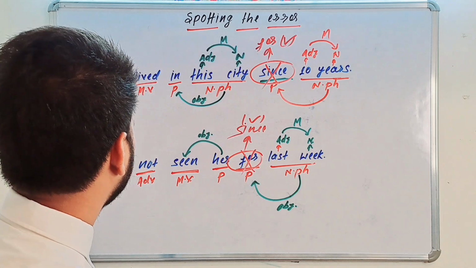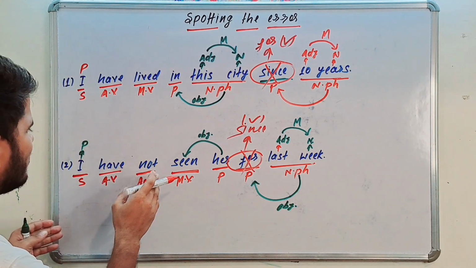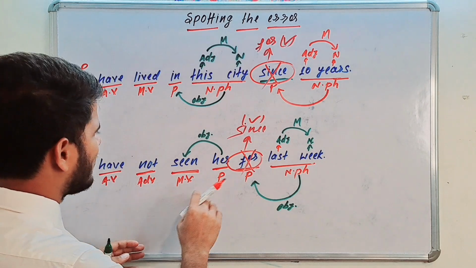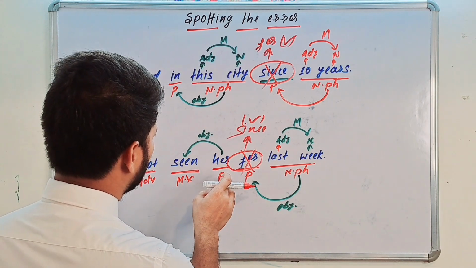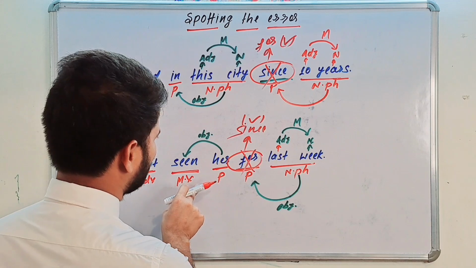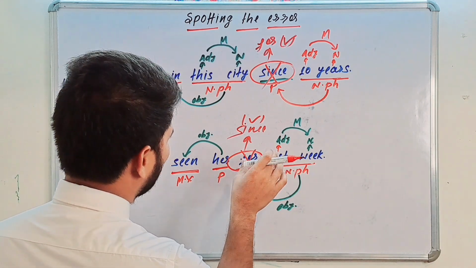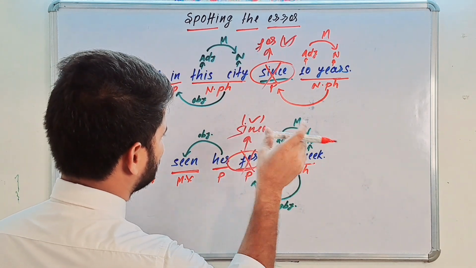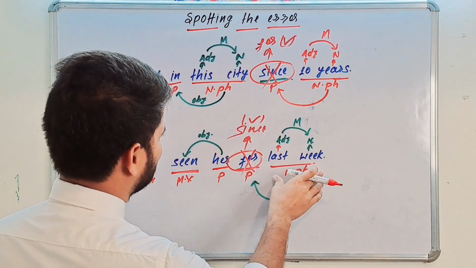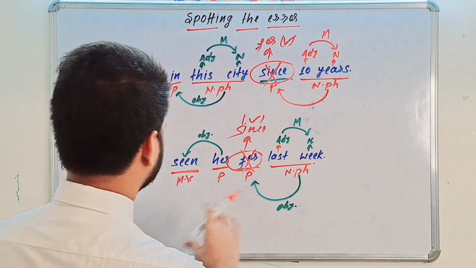I told you everything again. From the start: I is the subject, have is an auxiliary verb, not is an adverb, seen is the main verb, and her is a pronoun, the object of the main verb seen. The preposition is the error part, so use since in place of for, because since is used to denote a starting point of time, like last week.